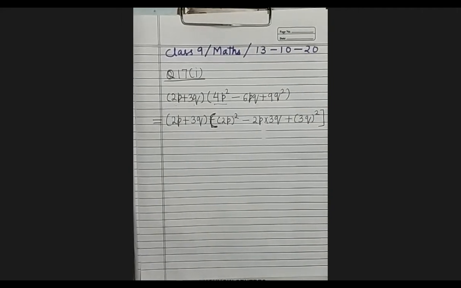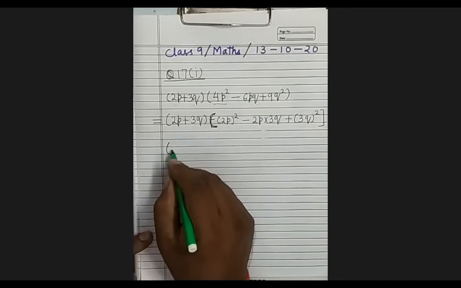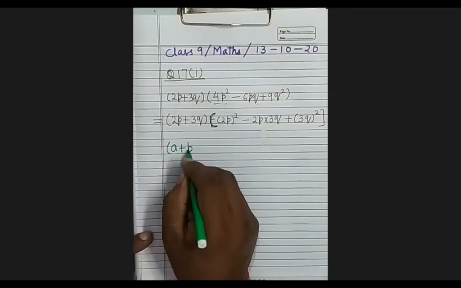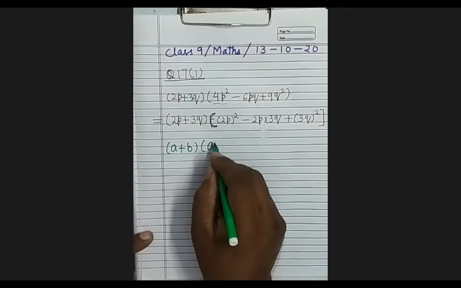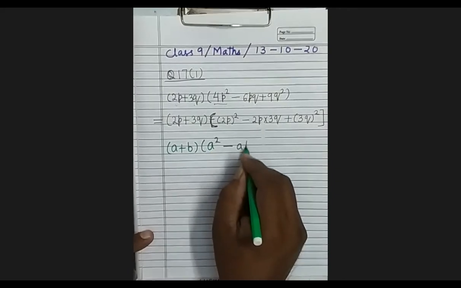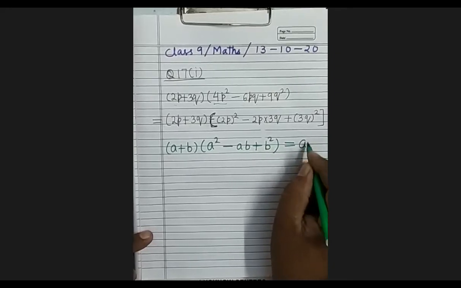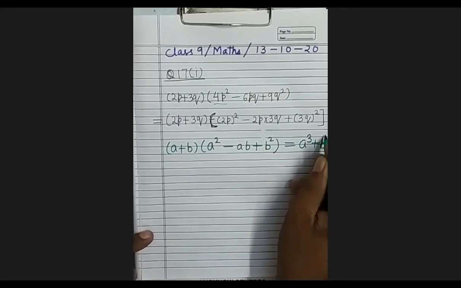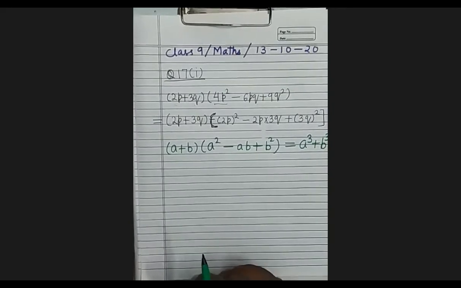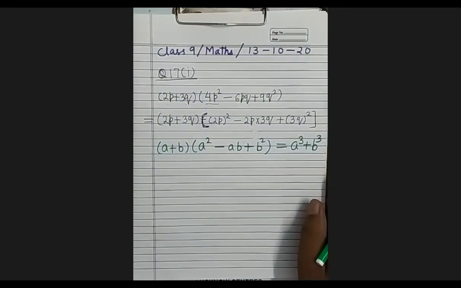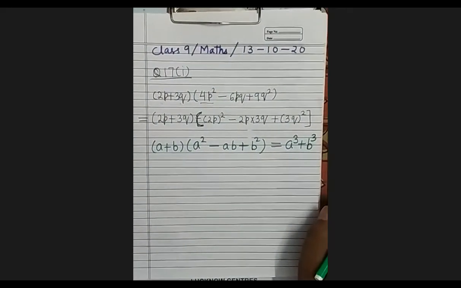You know that a plus b in one bracket, a square minus ab plus b square, it is equal to how much? A cube plus b cube. It's clear? Here we can apply this formula.